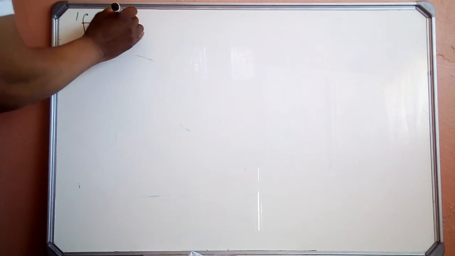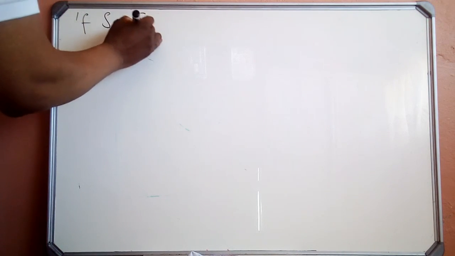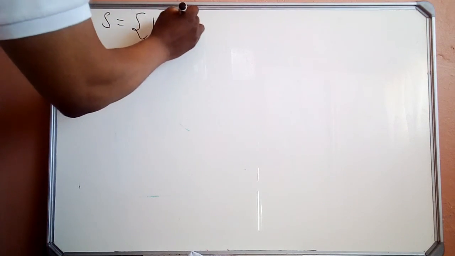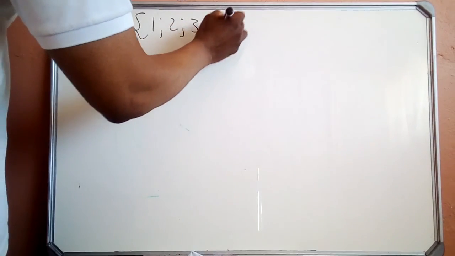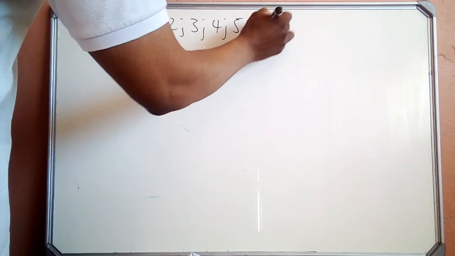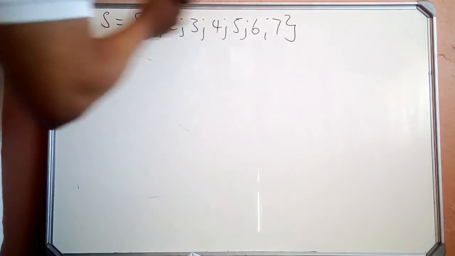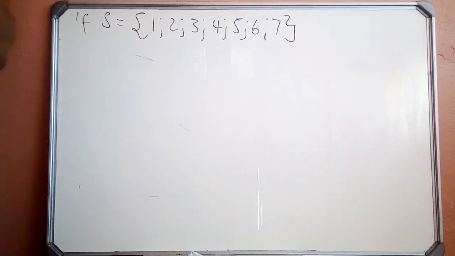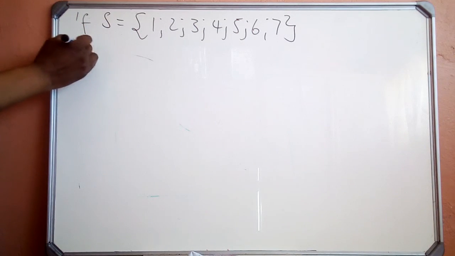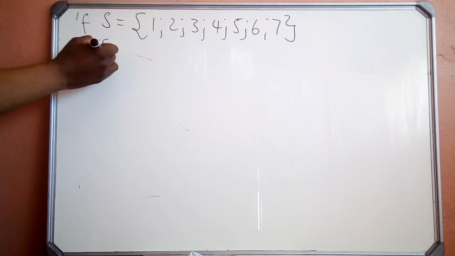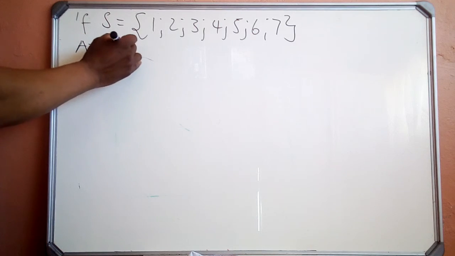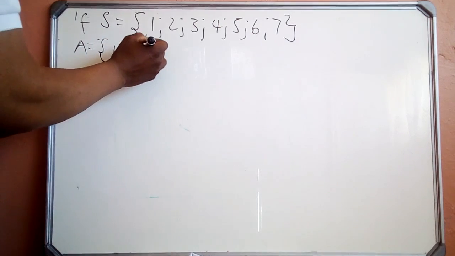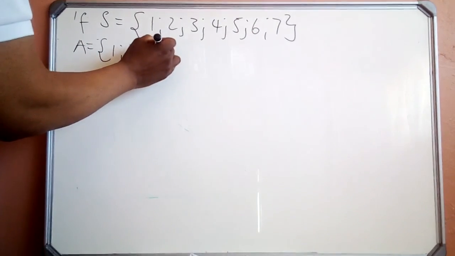Now the question is as follows. We're given a sample space. If S, which is our sample space, is 1, 2, 3, 4, 5, 6, and 7. That is our sample space. And then we're given that the elements in set A are 1, 3, the odd numbers, 5, and 7.